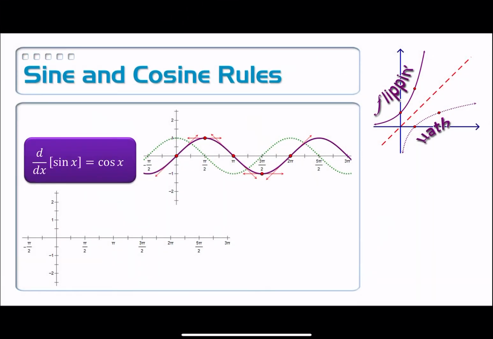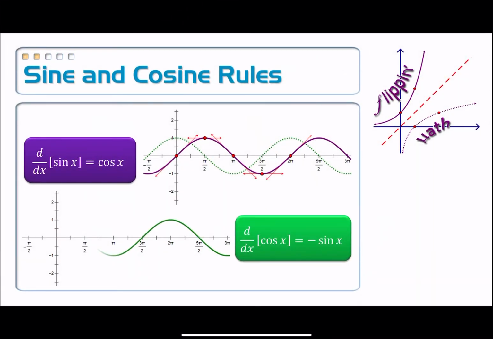So let's summarize that as well. The derivative with respect to x of cosine x is negative sine x. Now notice that the derivative of the cofunction is negative. This is going to be a very common thing that happens with the derivatives of cofunctions, as you'll see. Here in green, I have my cosine function, and in purple, its derivative, negative sine.